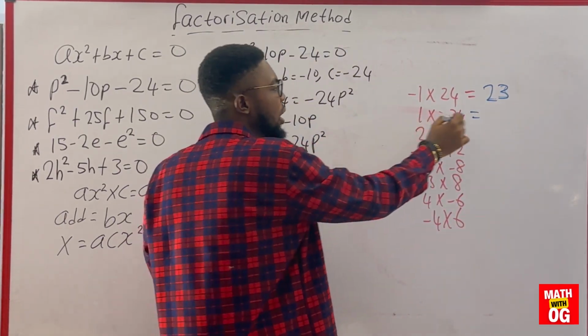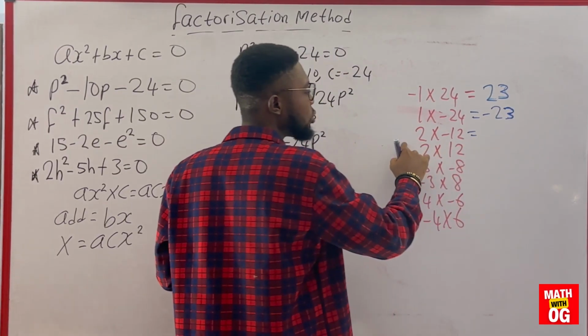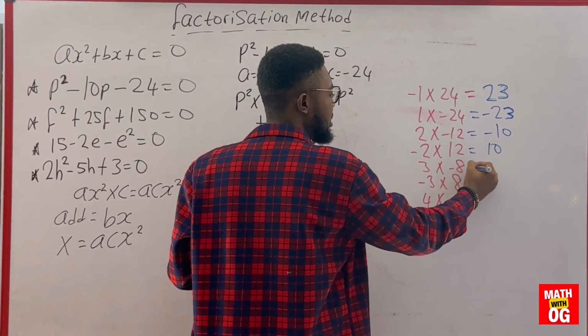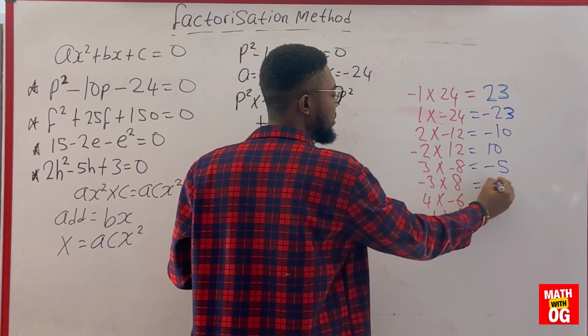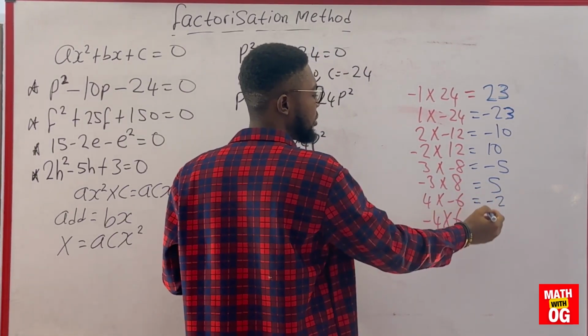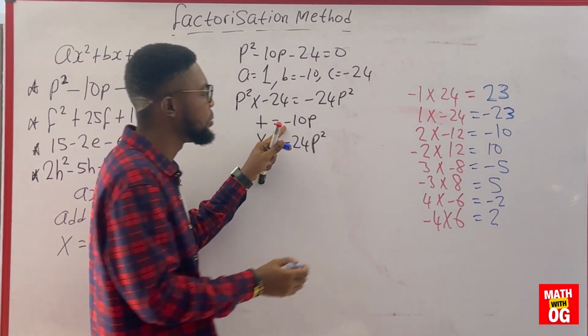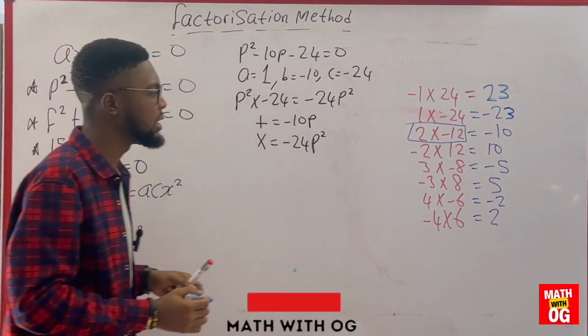Minus 24 plus 1 will give me negative 23. Minus 12 plus 2 will give me negative 10. 12 minus 2 will give me a positive 10. 3 minus 8 is negative 5. Minus 3 plus 8 will give me 5. 4 minus 6 will give me negative 2, and minus 4 plus 6 will give me 2. Now, which of them is giving us negative 10? It is simply 2 and negative 12.